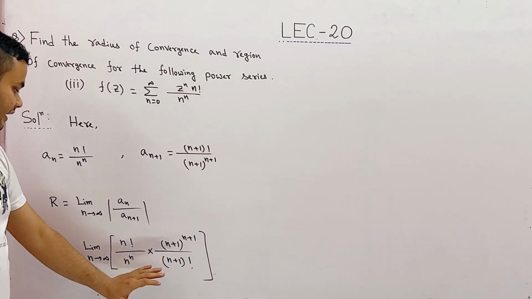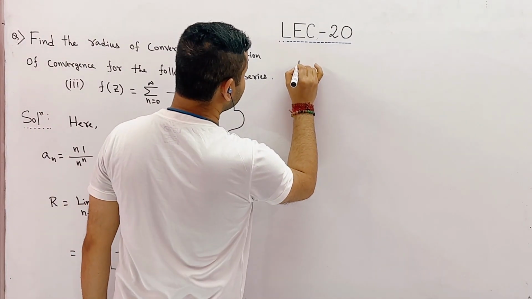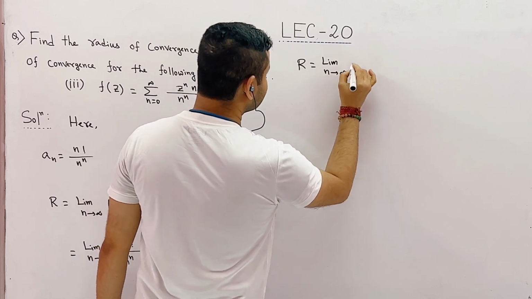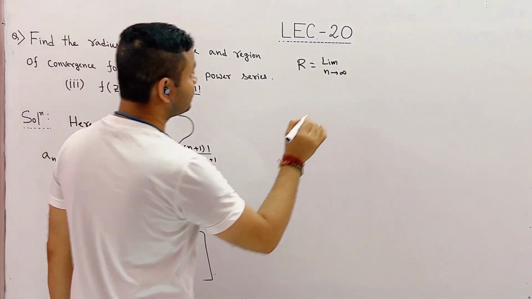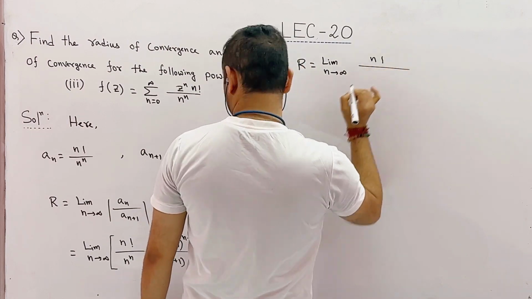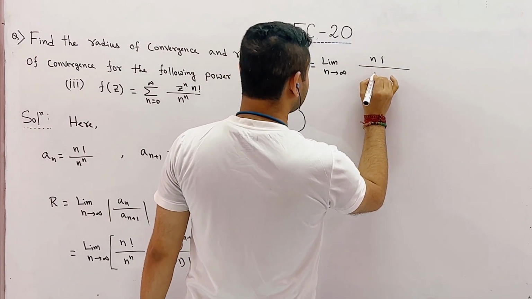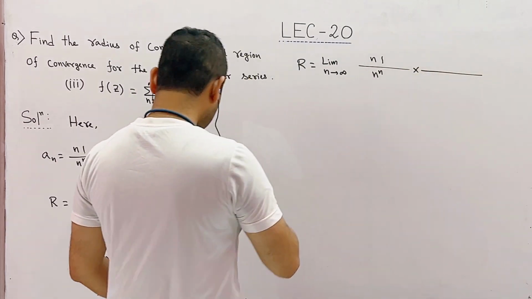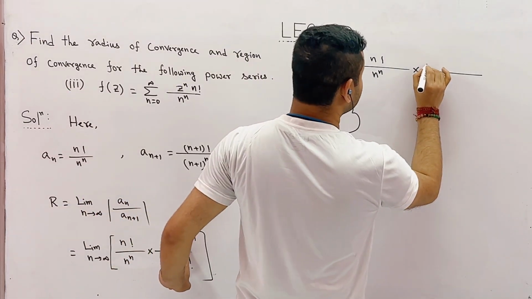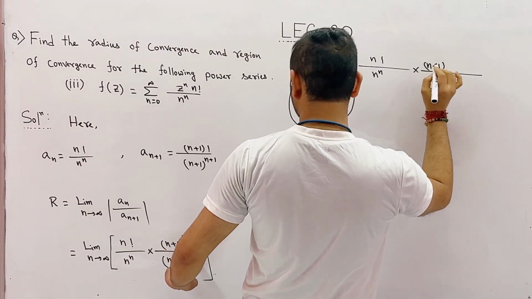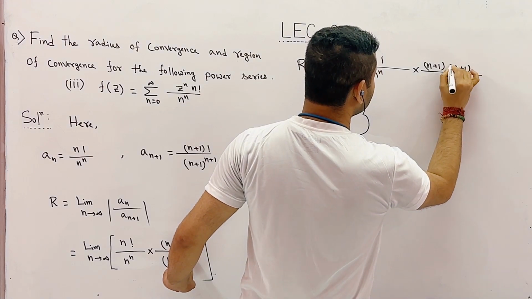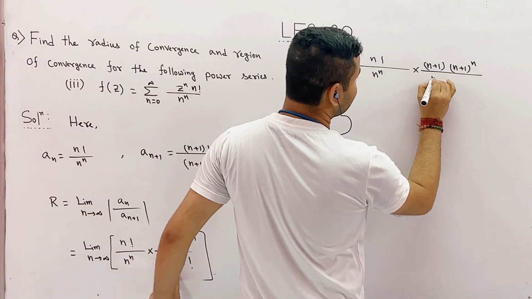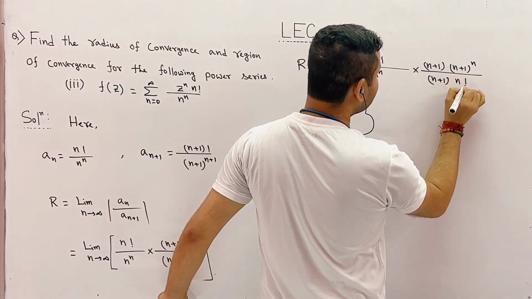Now, let us simplify this term. So, we will get r is equal to limit n tends to infinity n factorial divided by n to the power n into this term, which can be written as n plus 1 into n plus 1 whole to the power n, and this term can be written as n plus 1 into n factorial.